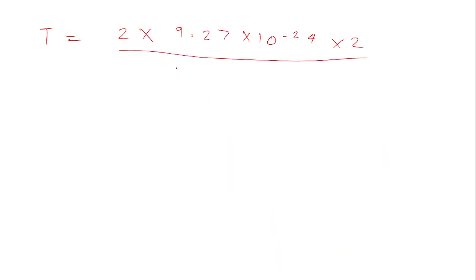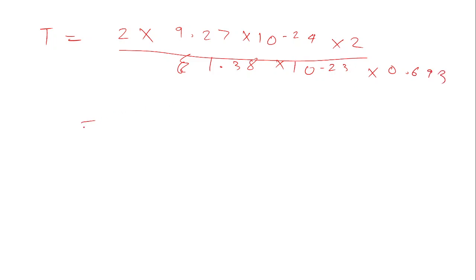kB is 1.38 times 10 to the power minus 23, and natural log 2 is 0.693.